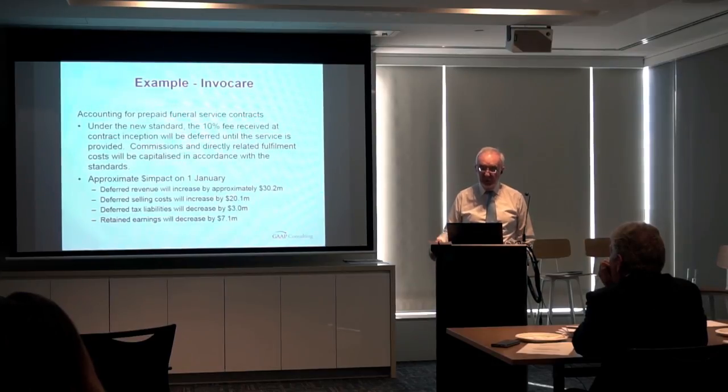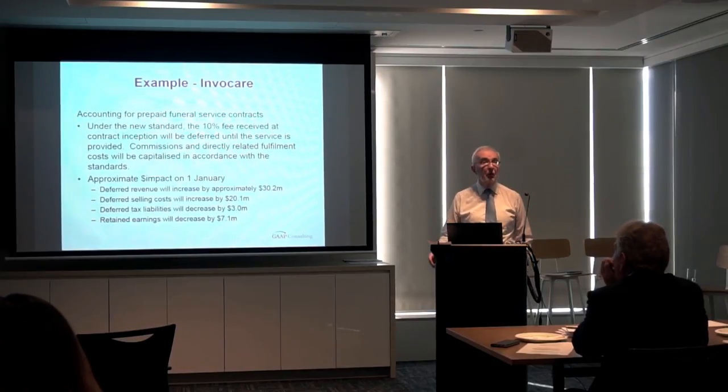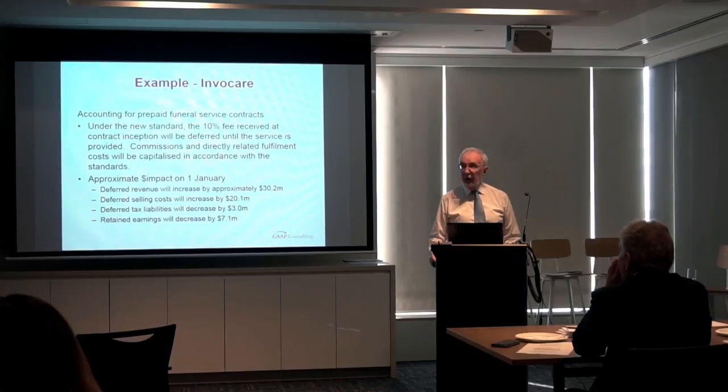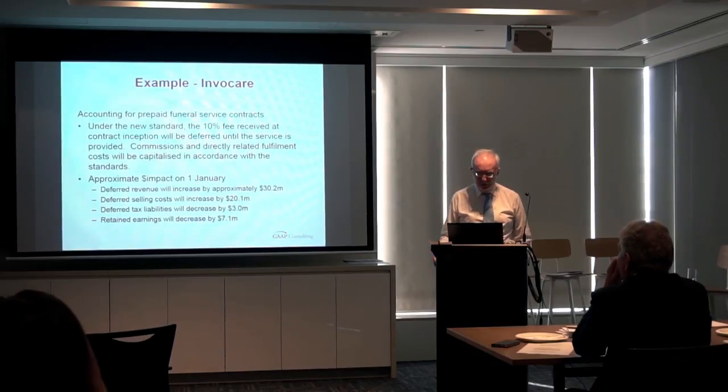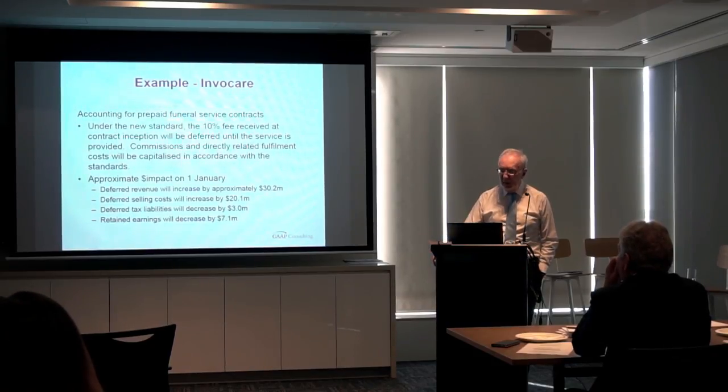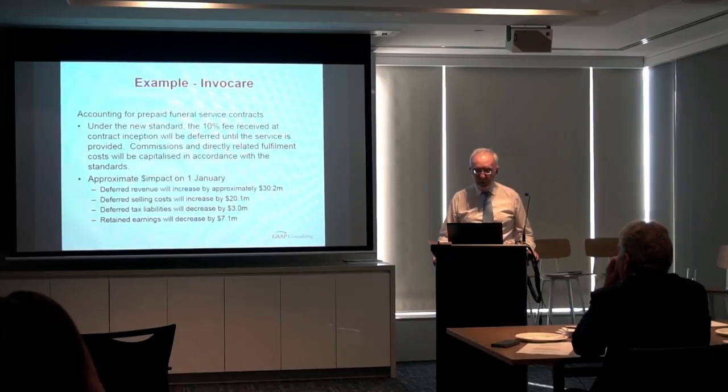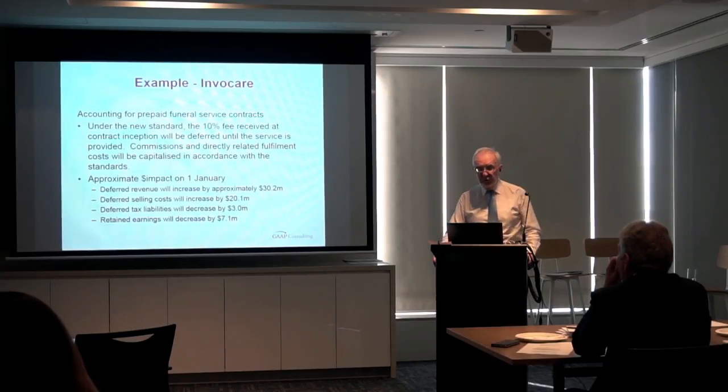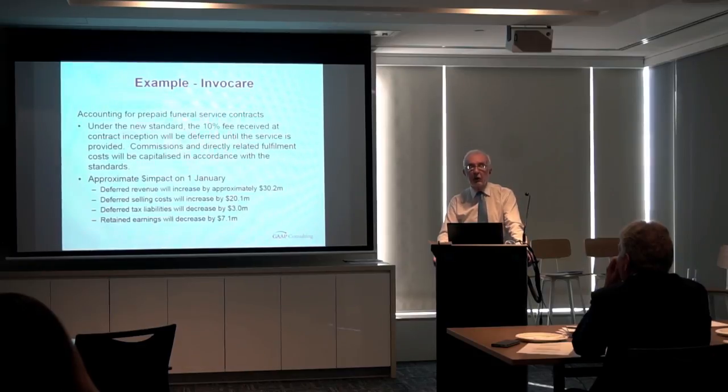So accounting for prepaid funeral contracts, under the new standard, the 10% fee that they receive at contract inception will be deferred, whereas previously it was recognised up front. Next part, commissions and directly related fulfilment costs will be capitalised in accordance with accounting standards. So this tells me two things.